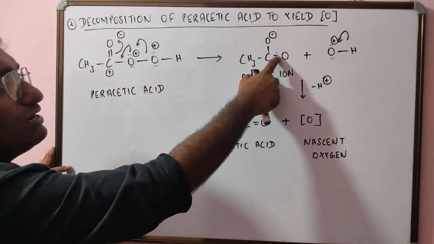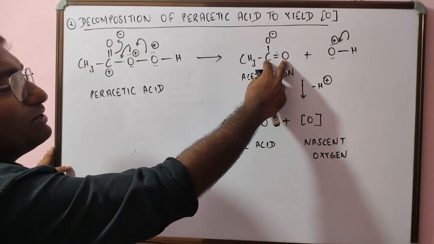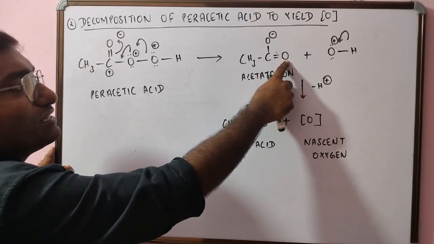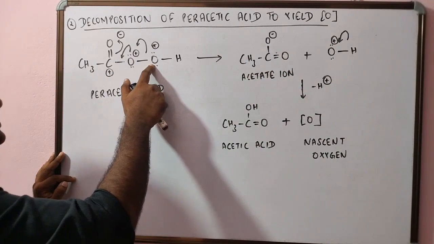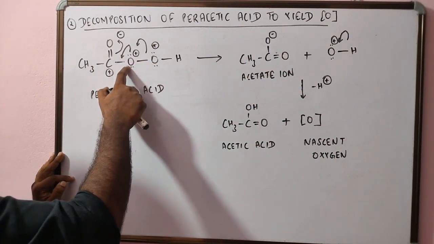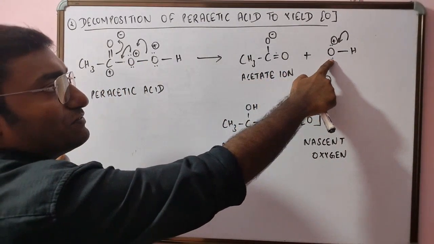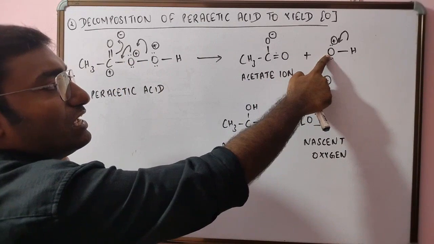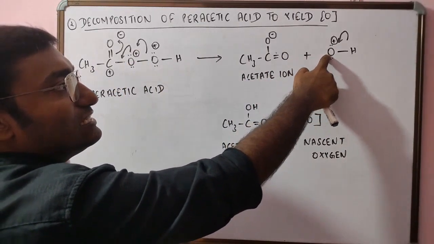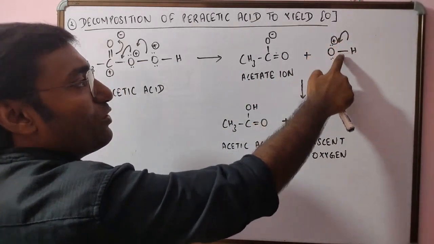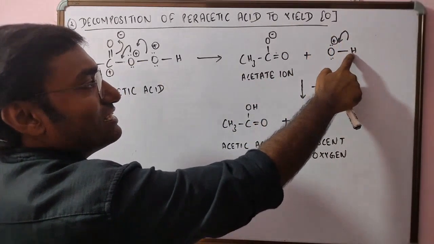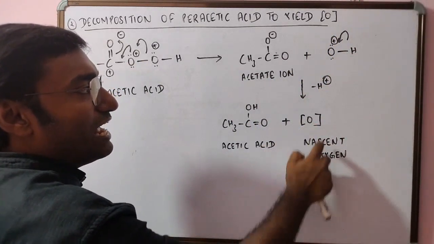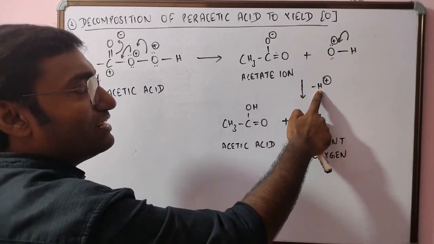We can see how the double bond is established between the carbon and oxygen and how neutrality has been restored in this oxygen. But because this oxygen lost its bonding pair, this other oxygen becomes positive. Now, this positively charged oxygen, to become neutral, snatches away the electron pair that it shares with the hydrogen, resulting in the formation of nascent oxygen and elimination of an H plus ion.